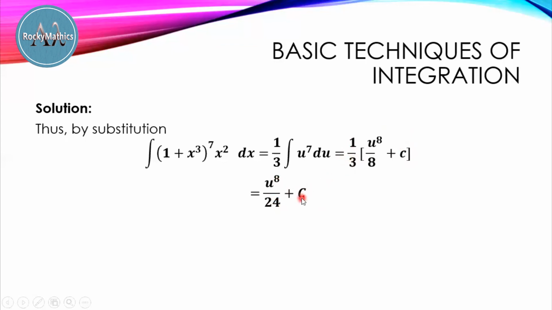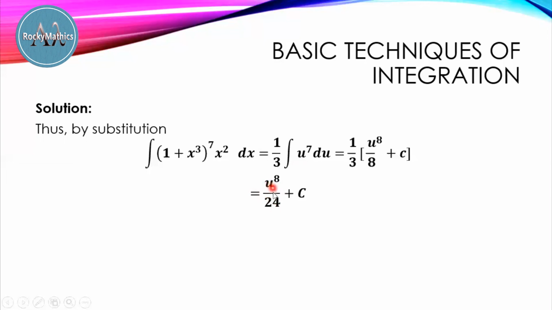Our main problem is to solve the indefinite integral in terms of x. But here we have an expression that is the result of the integration in terms of u. So all we have to do is to substitute our original u, which is in terms of x.